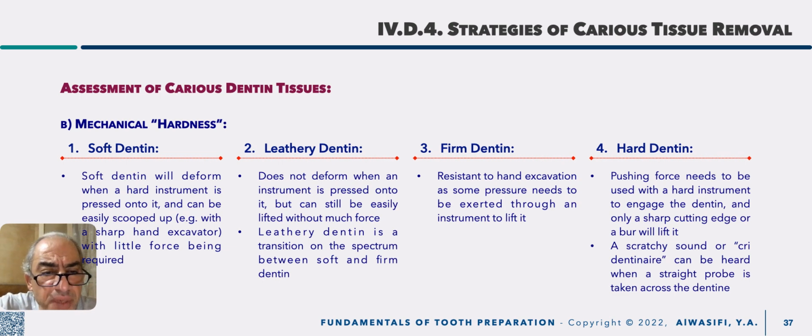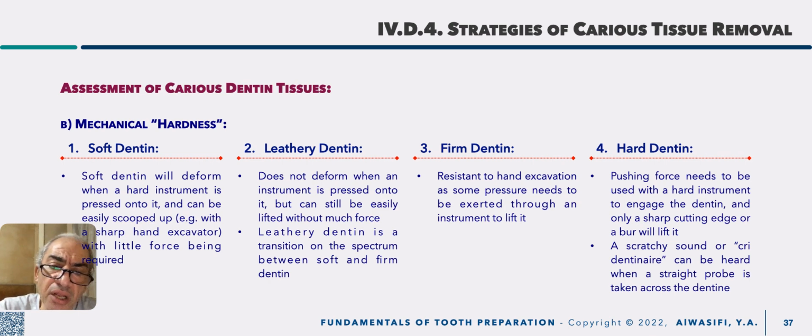Still could be removed by the excavator. Then comes a firm layer, which is resistant to hand excavation and needs a massive force. It is much better. It's a layer that is partially removed with the excavator, but it needs massive force, or a little more pressure with your hand.